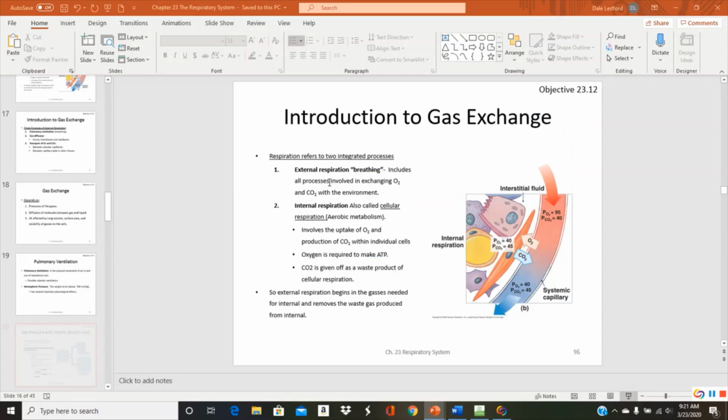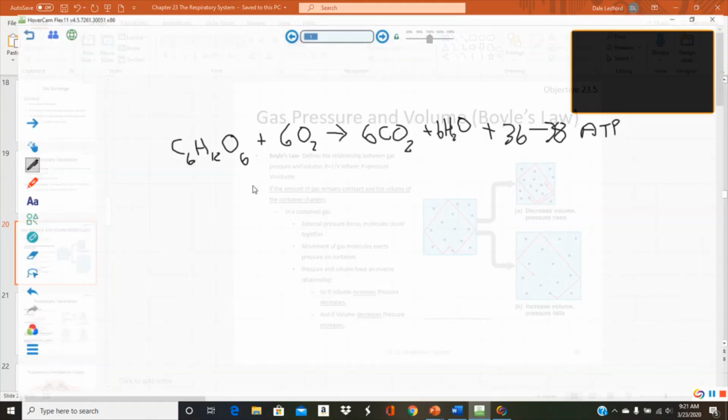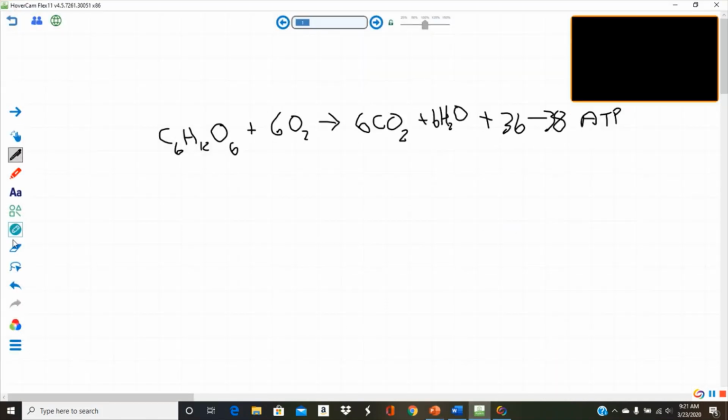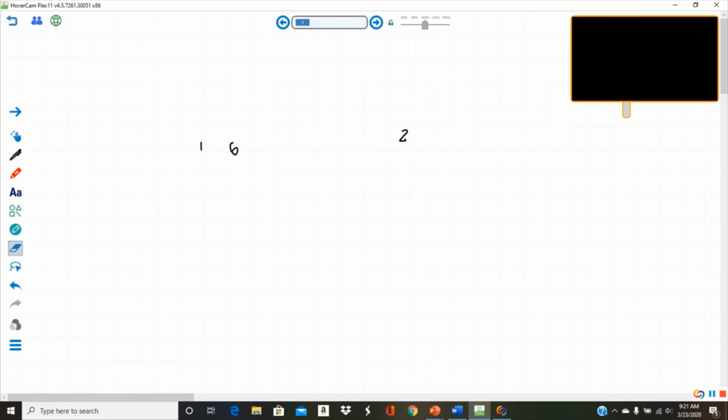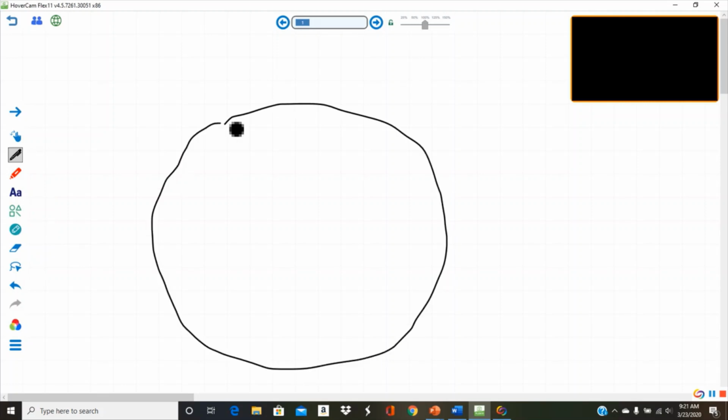Now, what I kind of want to do here is set this up in something you may be familiar with, pressure and gases, and that would be the pressures in a car tire. Let's say you have a tire on your car and there's a certain amount of air in that car tire.